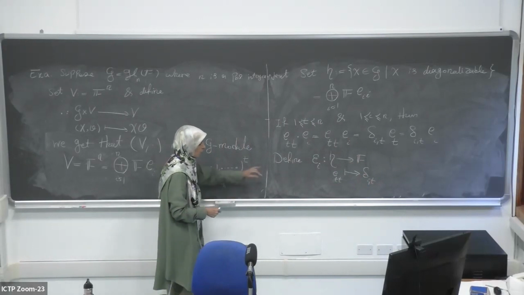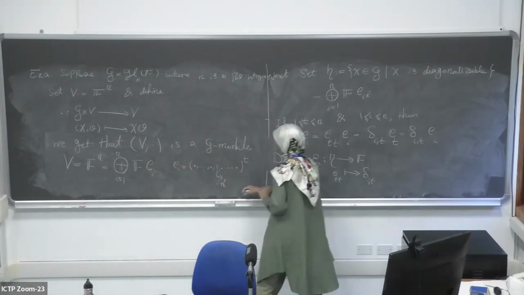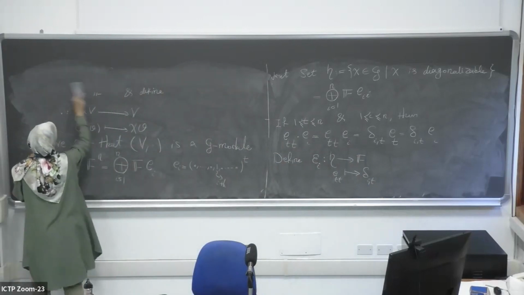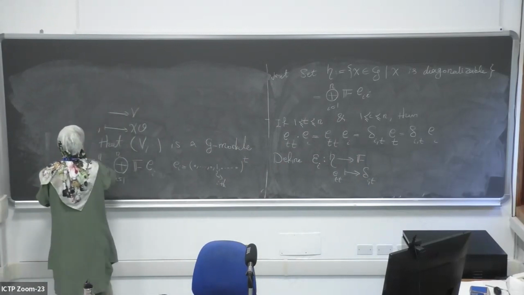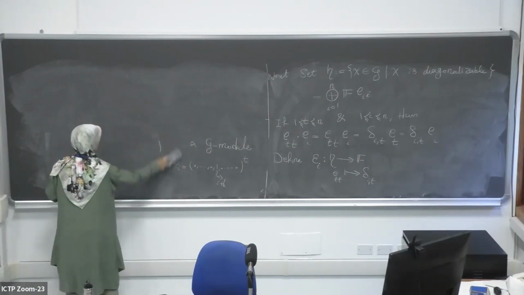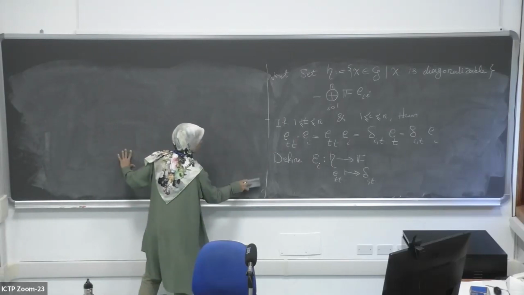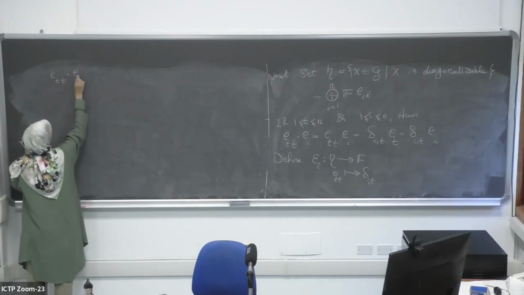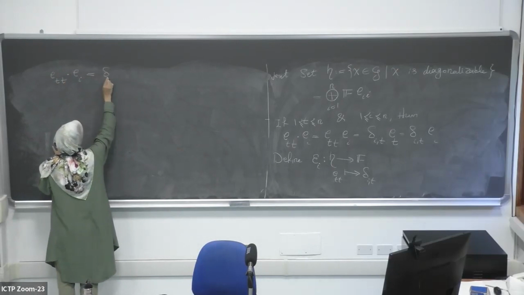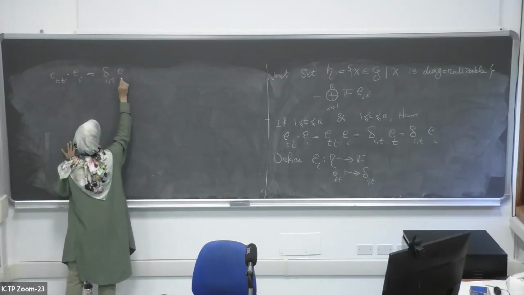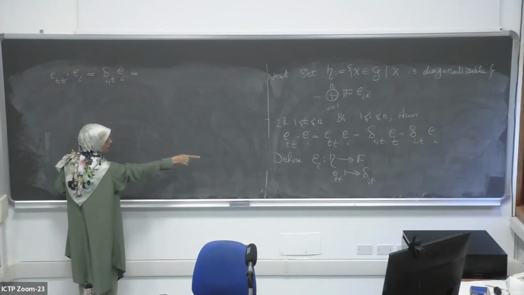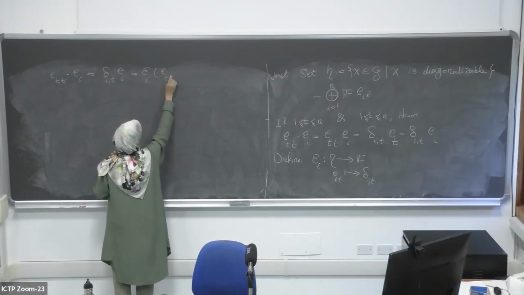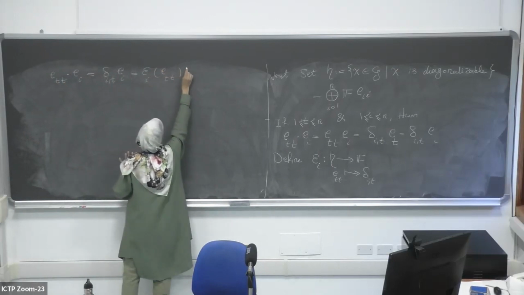So, with this definition, what we have is that we prove that e_tt e_i equals delta_it e_i, and by our definition of epsilon_i, it is epsilon_i(e_tt) e_i.